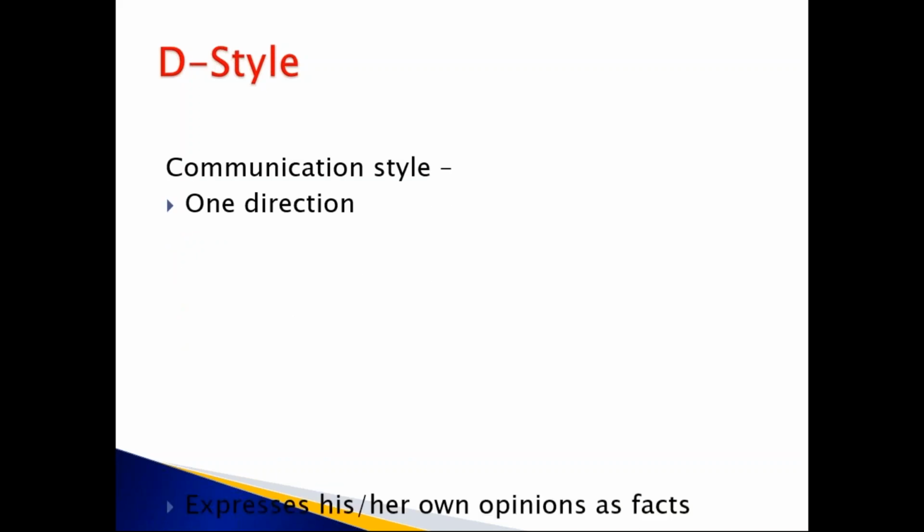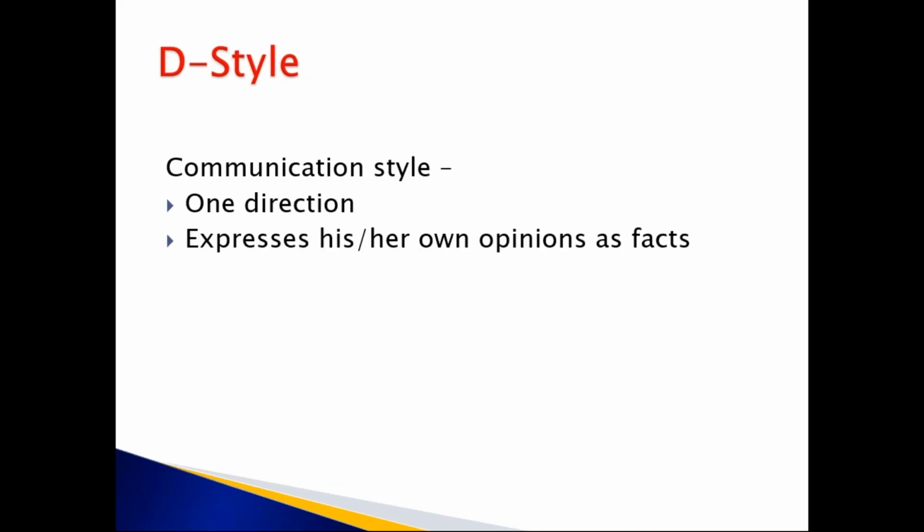So the communication style is usually one direction. They usually don't want to hear too much of what you have to say. They're going to express their opinions as facts. Whether they are or not, they're going to say it like it is, so they give a lot of confidence in their opinions. They're blunt and they challenge others. And this is all about getting tasks accomplished.